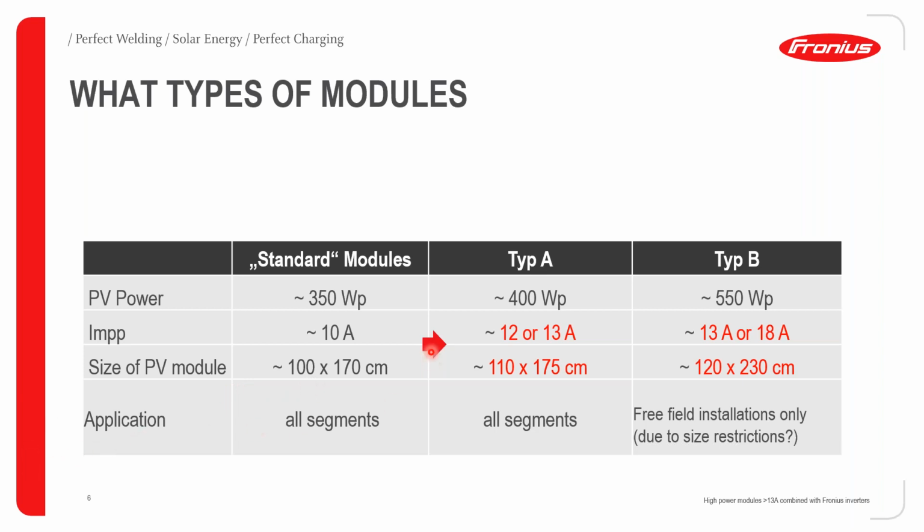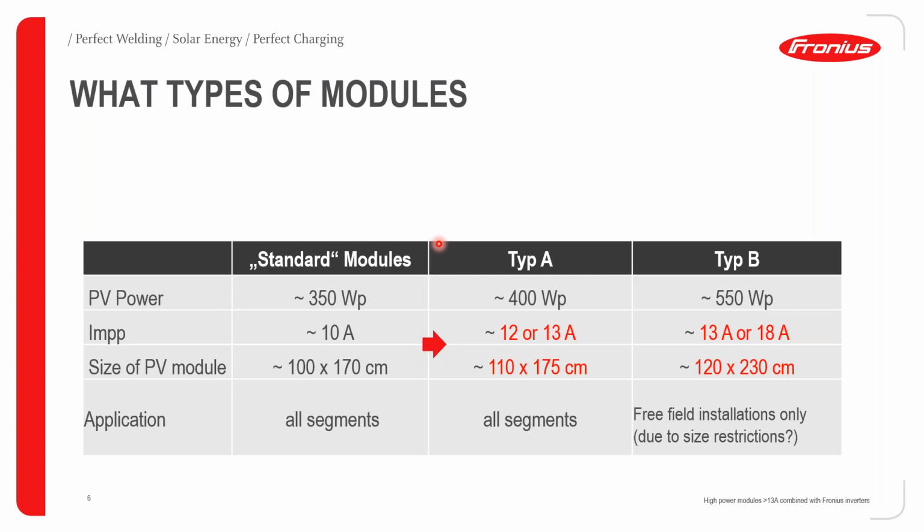In terms of application, this module can be used for all types of installations, whether rooftop or free field, because it's quite easy to handle. And in terms of compatibility with inverters, this category has not had any major issues with string inverters.